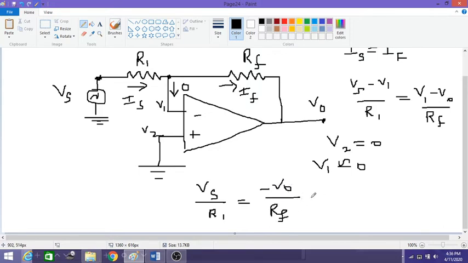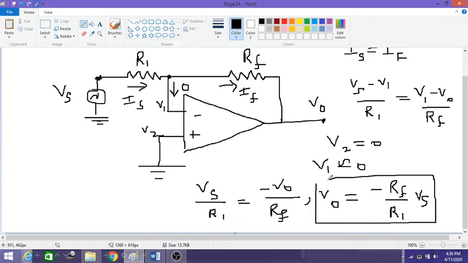So if I rearrange this equation, then I'll get a final equation of V0 is equal to minus Rf by R1 into Vs. So this equation you have to remember, because this is the equation for an inverting amplifier circuit.